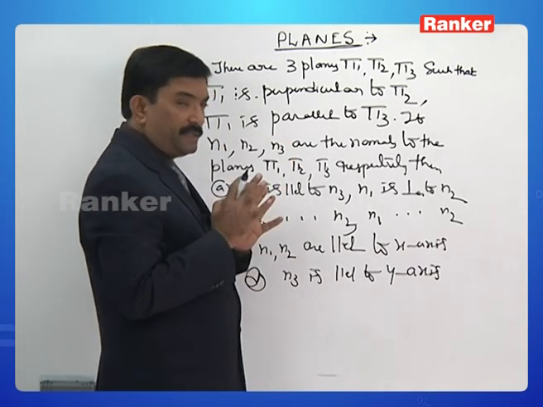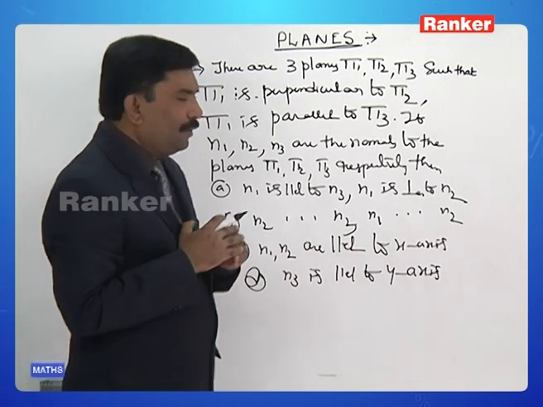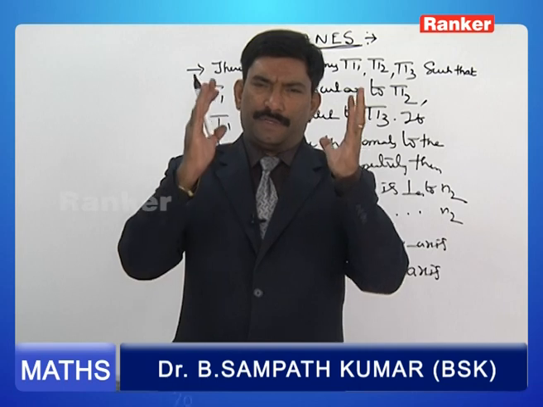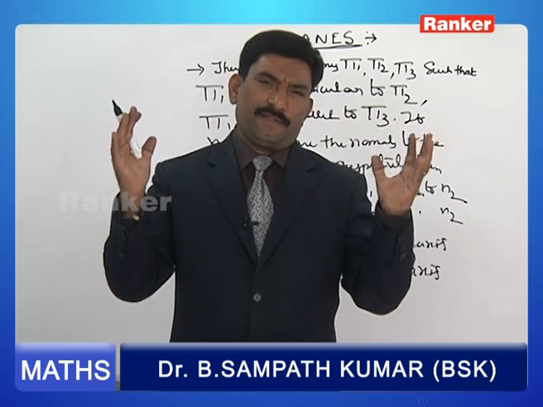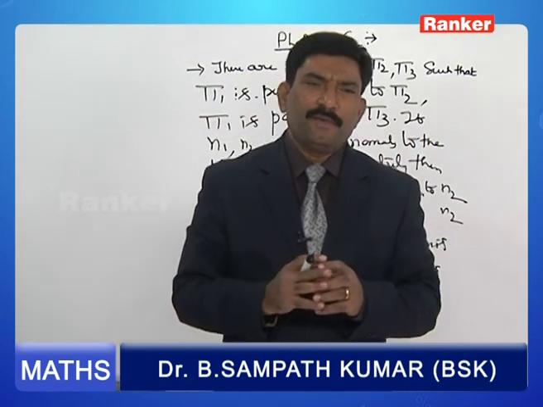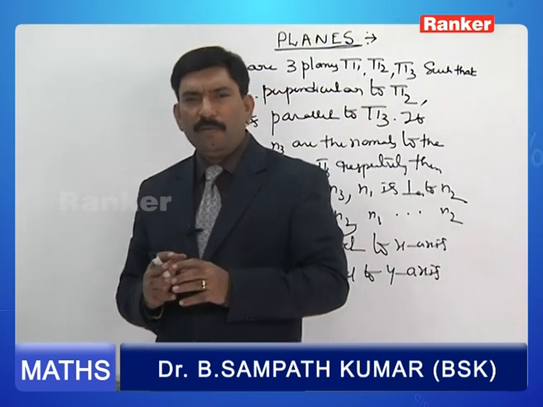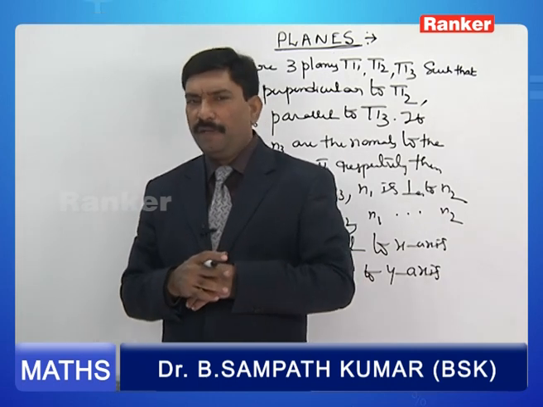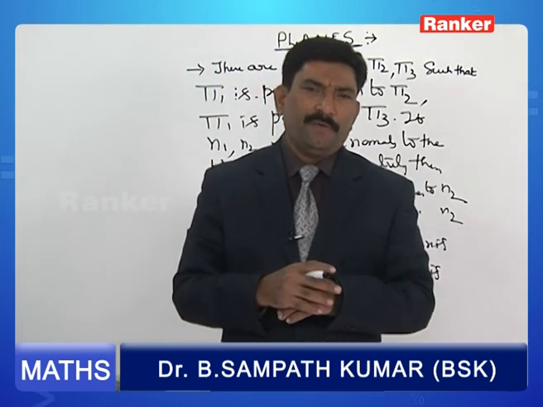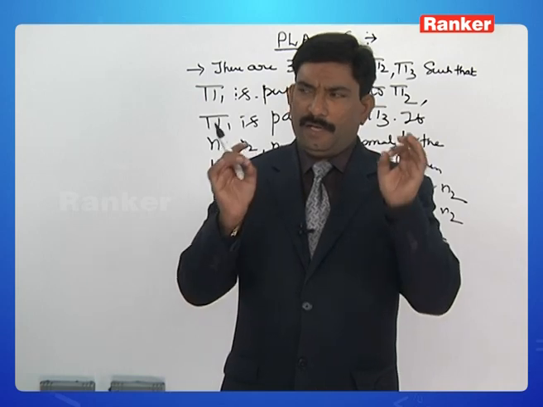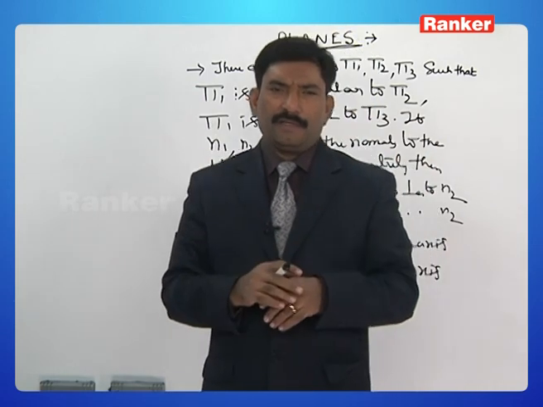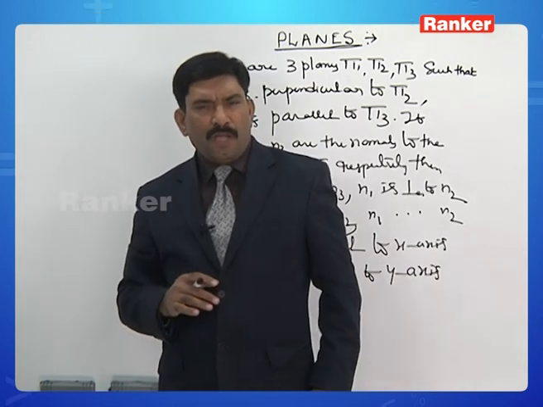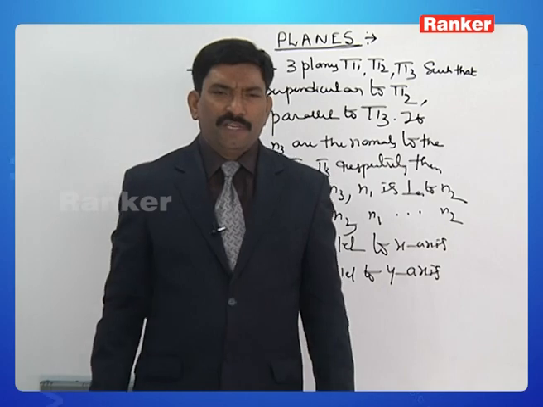It's a very conceptual question. Why? Because we know that the angle between two planes is the same as the angle between their normals. So therefore, now he has given n1, n2, n3 are the normals to the respective planes. What's the given condition?